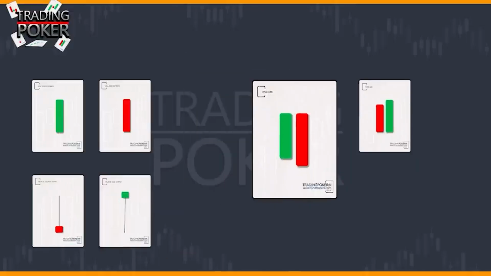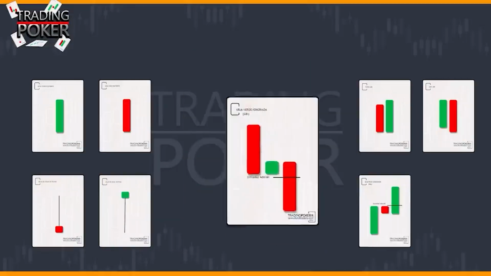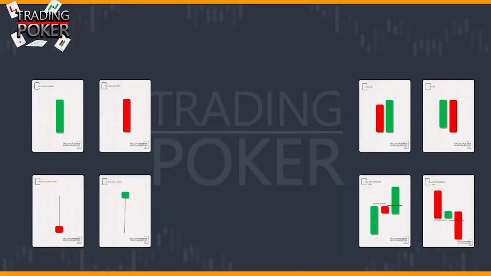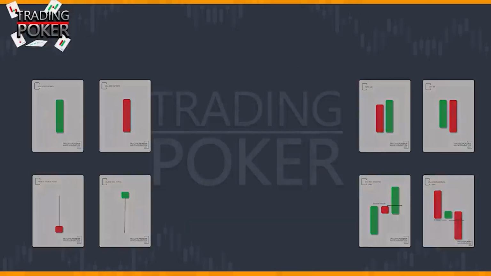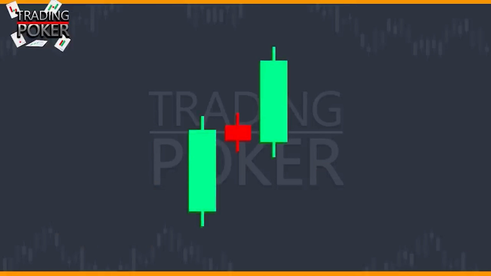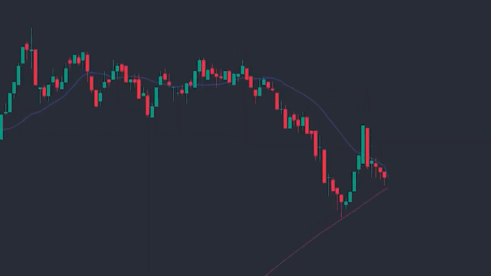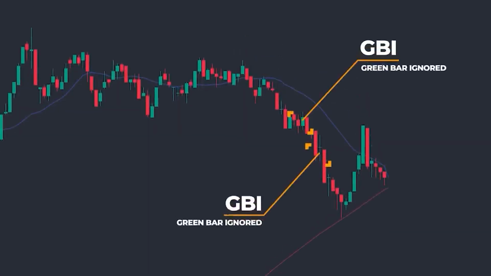You've got the bull and bear 180, and you've got the RBI for the long, the GBI for the short. You guys know that the RBI would be something like this, and the GBI is literally like this. It's green sandwiched in between two red. Here it is again. Green sandwiched in between two red. That's the GBI.